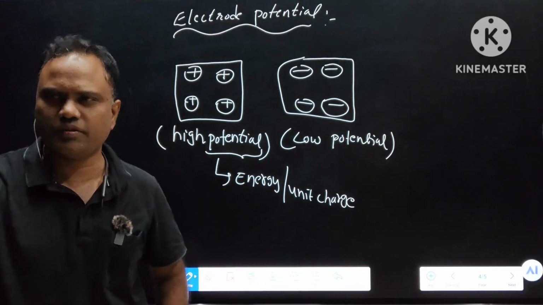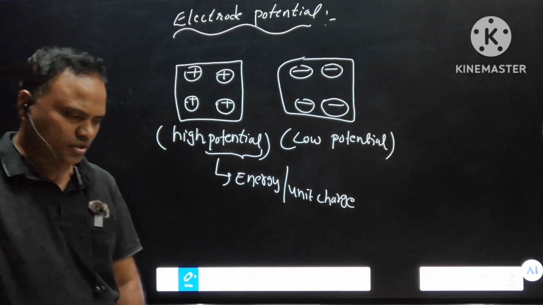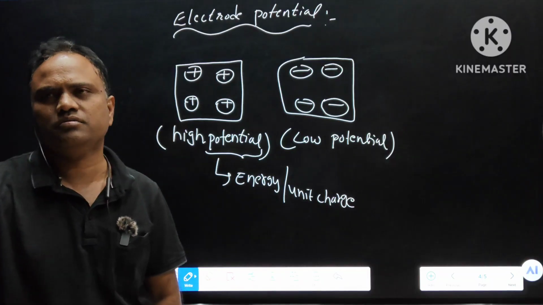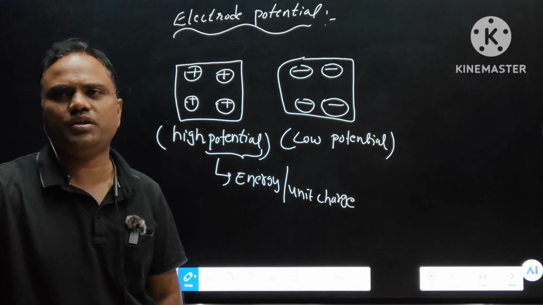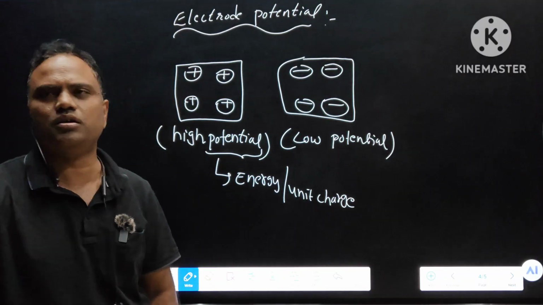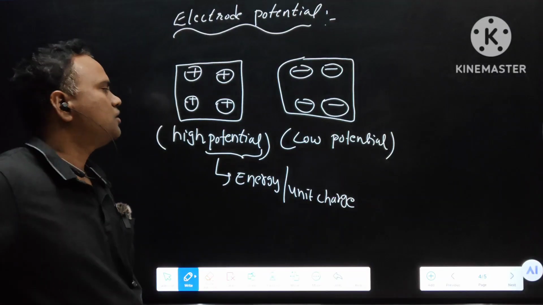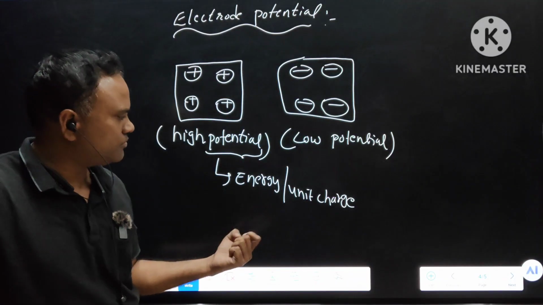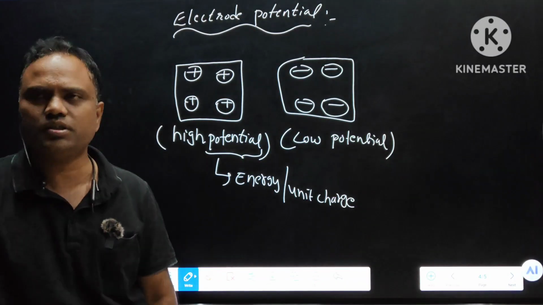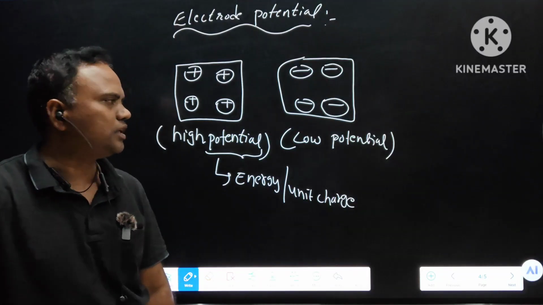There are no satisfactory definitions either. An exact definition is not given. They gave some definitions, but those are not suitable for students. So I am trying with simple words and terminology. I hope you will understand.